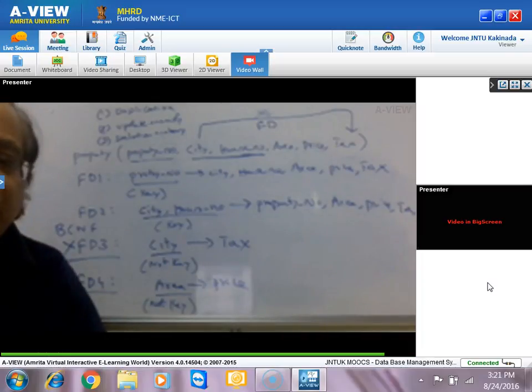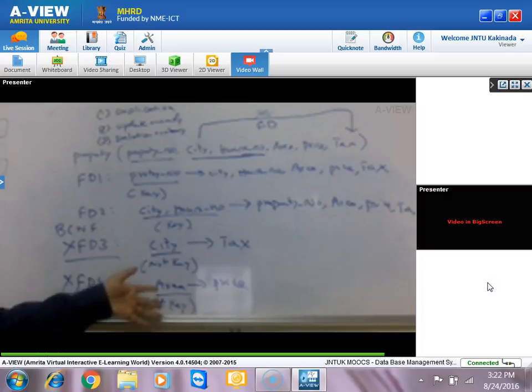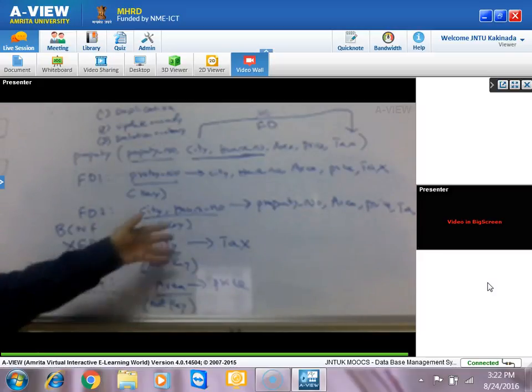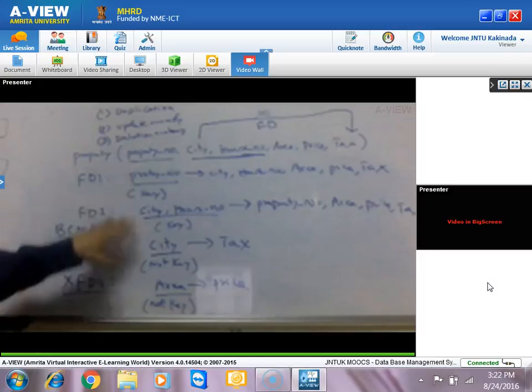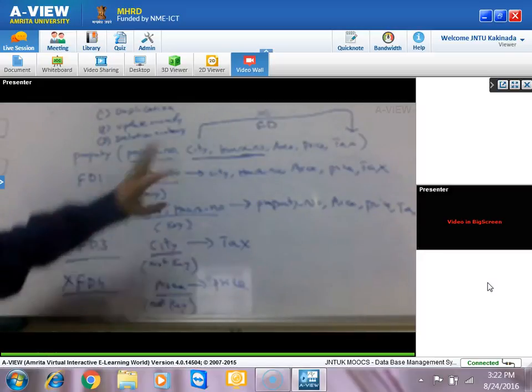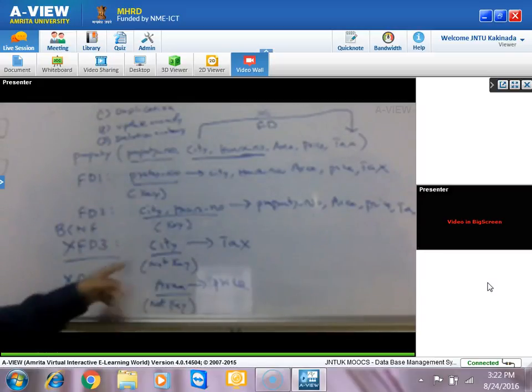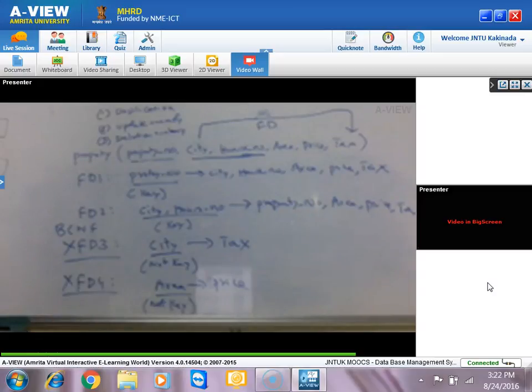A good relation satisfies the requirement that every FD has a key on its left side. This relation is not in BCNF because these two FDs violate it. As far as these two FDs are concerned, the BCNF requirement that the left side has to be a key is violated.